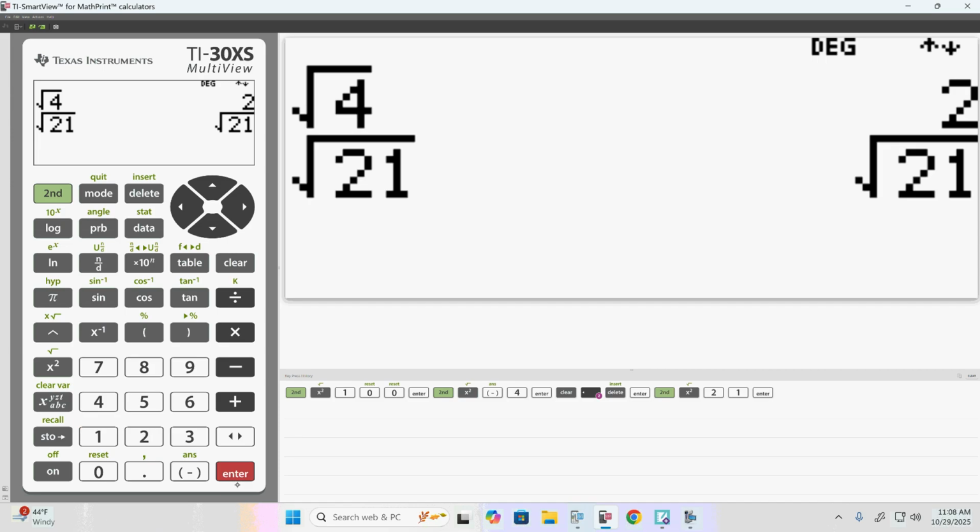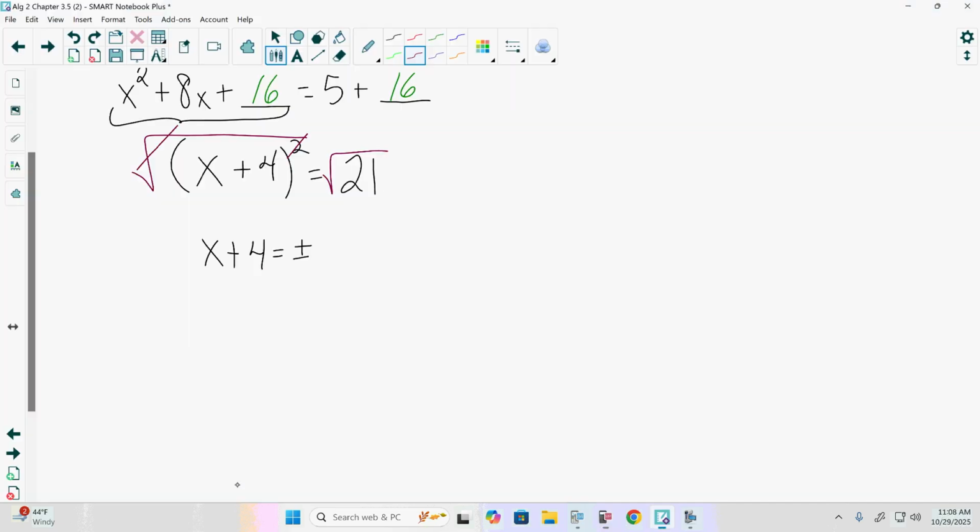And we want to leave it in simplest radical form, if possible. That tells us there is no perfect square factors for 21, because the only factors of 21 are 1 and 21 or 3 and 7. So it doesn't simplify, telling us that the square root of 21 in simplest radical form is the square root of 21. It doesn't simplify.